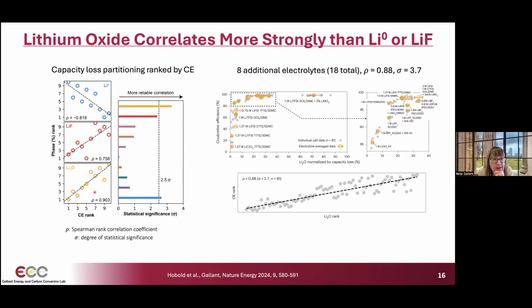But the key finding was that the strongest positive correlation was not with lithium fluoride, it was with lithium oxide. We observed that with a high degree of statistical significance. We further expanded the data set and populated this correlation even further and really emphasizes the relationship between lithium oxide rank and Coulombic efficiency rank.